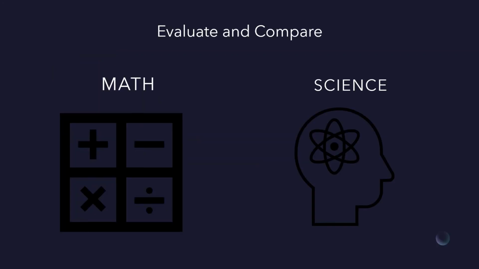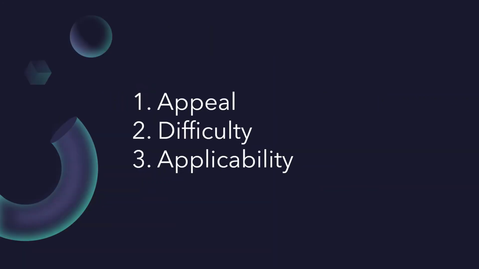Then Group 4 will compare math and science. You will compare these two subjects based on their appeal, their difficulty, and their applicability. Got it? You may start working with your group and your answers will be discussed with your teacher.